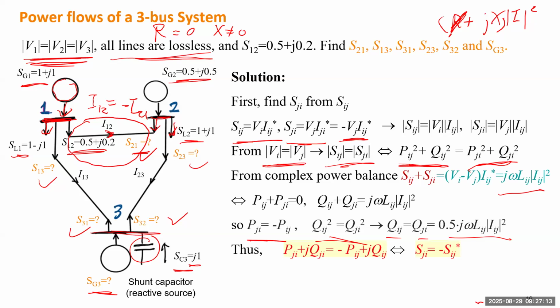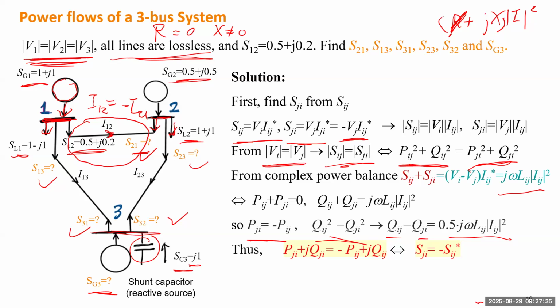Okay, so immediately we can have this equation. Pji plus jQji, which is the complex power on bus 2, equals negative Pij plus jQij, where Pij and Qij are the real and reactive power from bus 1, bus i.